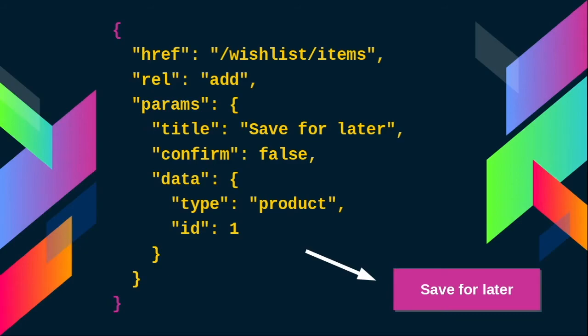And the client doesn't care. As a client, as a JavaScript app, I don't care if you have items or not available in the server. You send me a link, I will render it. And if you change the URL, I don't care. I will render whatever you tell me to render.